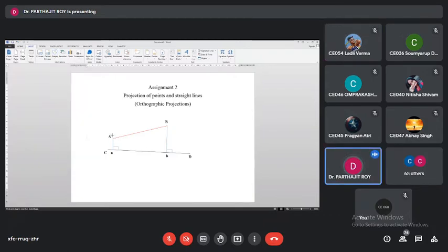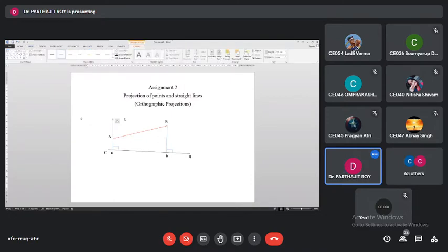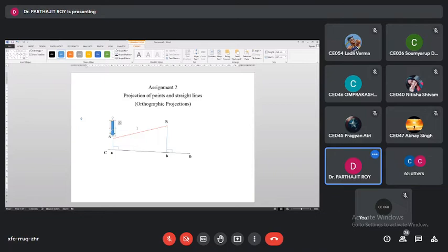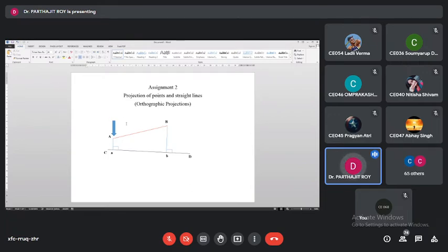Now, if you look at the point A, perpendicular to the direction of CD, you get the projection of capital A on CD just below the direction of the arrow, isn't it?